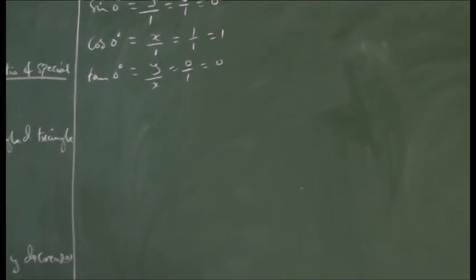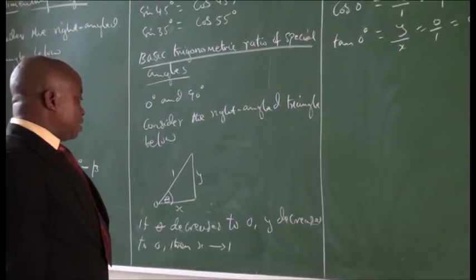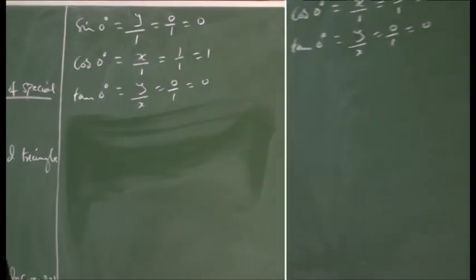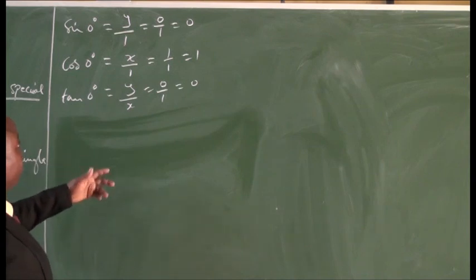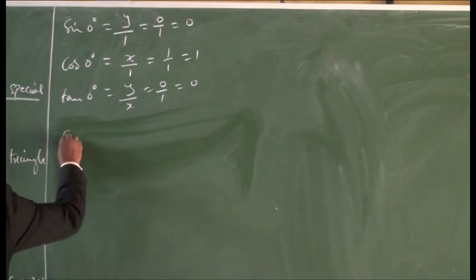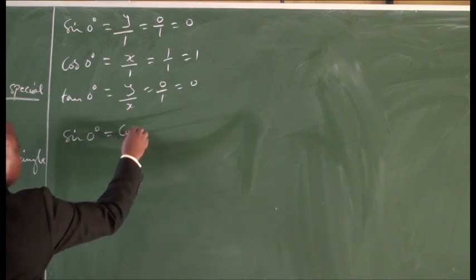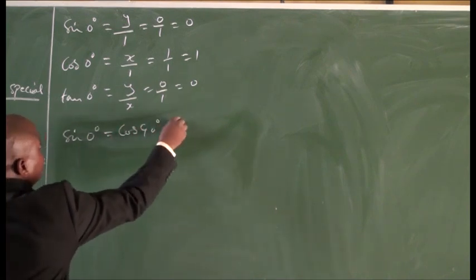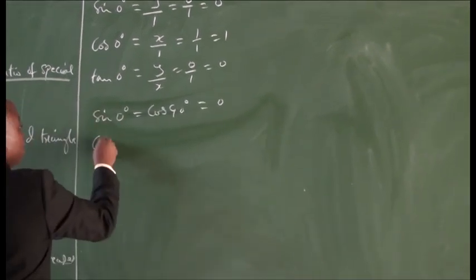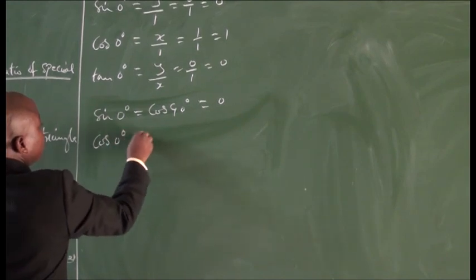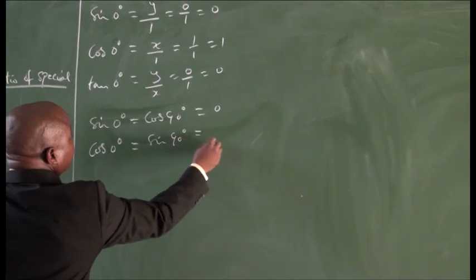All right, so we can also define the same for 90 degrees. For instance, sine 0 degrees equals cos 90 degrees, which is equal to 0. Then cos 0 degrees equals sine 90 degrees, which is equal to 1.